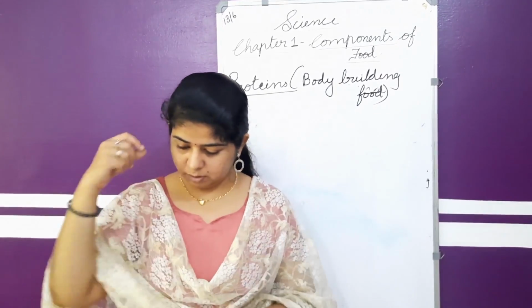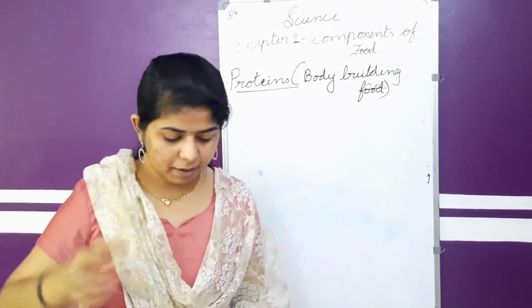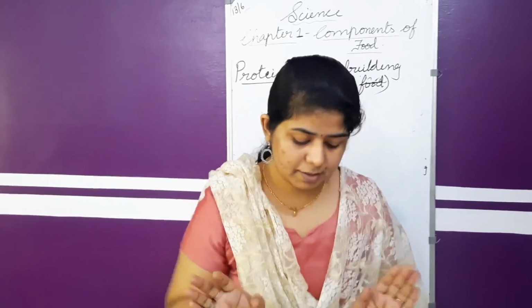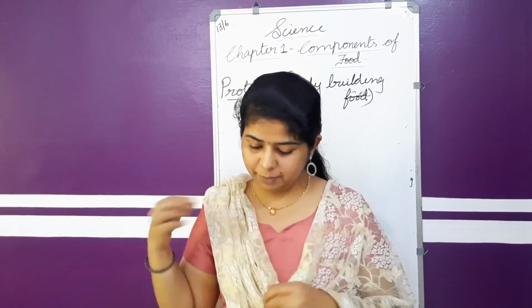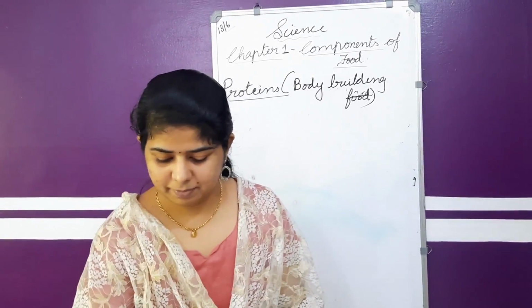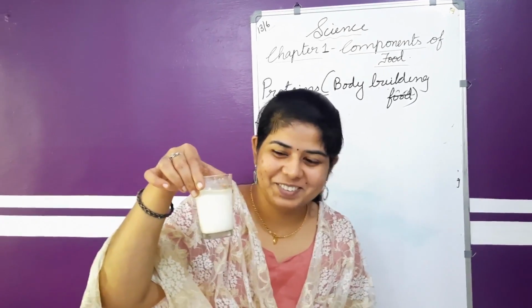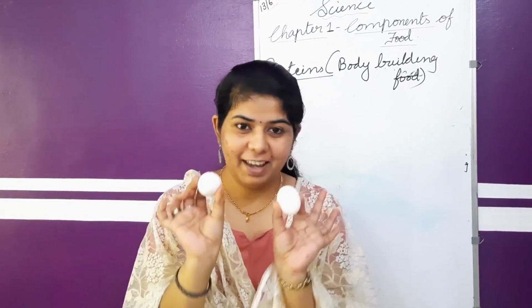It helps to make the body strong. Now look here. I have some carrot, beans and all here. Do you see this? Fruits are here and some. If you look here, can you see this? What is it? Milk, okay. Egg.